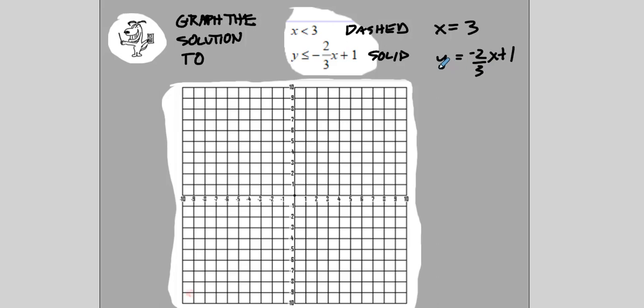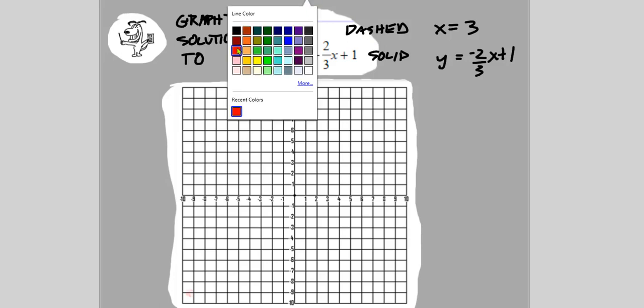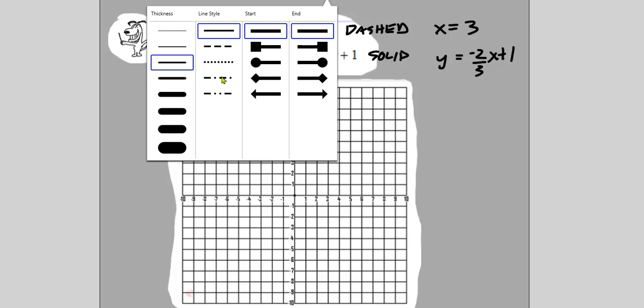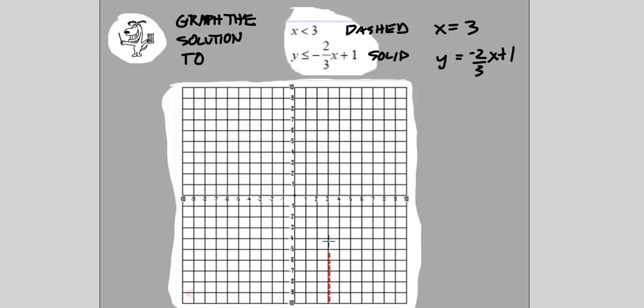So we're going to do one at a time. X equals 3, that's dashed. Well, that's a vertical line there. Everywhere x is 3. So that will look like this. Okay. Now before I go to the other one, I'm going to figure out how to shade this.